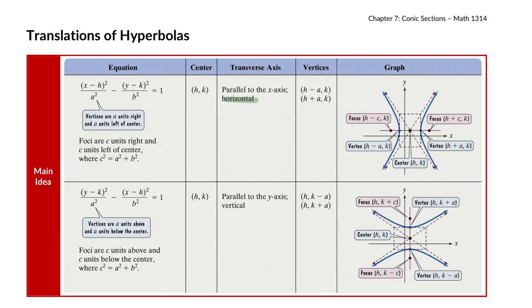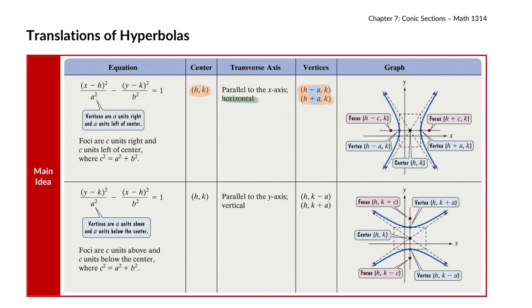Everything kind of translates from ellipses to hyperbolas, meaning your center is at h and k. Those are the same letters we used last time. The vertices are now at the adjusted h and k that take into account the a value. This is what we did before, where we add and subtract the a value from the x-coordinate because we have an x transverse axis. The foci also change with the x-coordinate, and the minor vertices change with the y-coordinate.